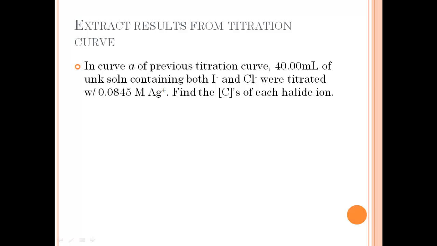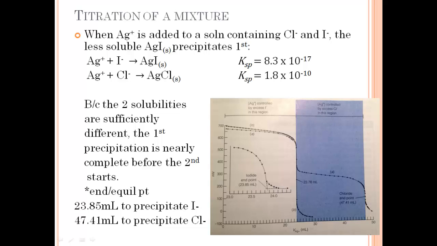Let's go back to the curve and see if we can figure out what they want. Let's try first to reason with this. So we know where the first endpoint is. The first endpoint is at 23.85. We know that everything here is 1-to-1. So for example, 1 mole of iodide is going to consume 1 mole of silver ion.